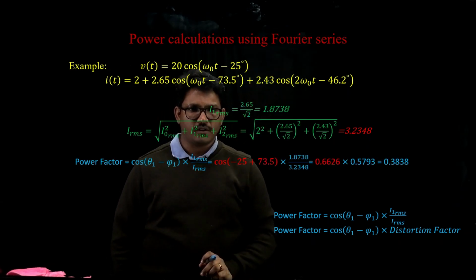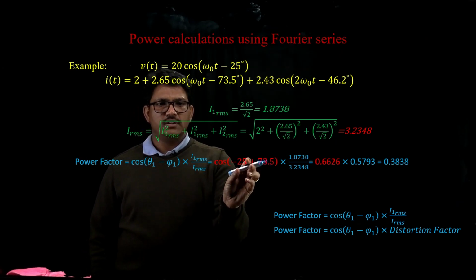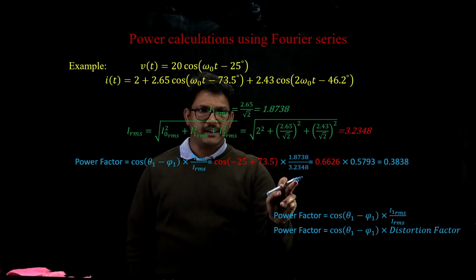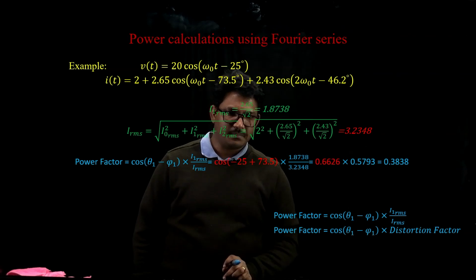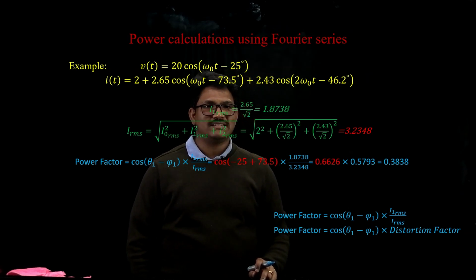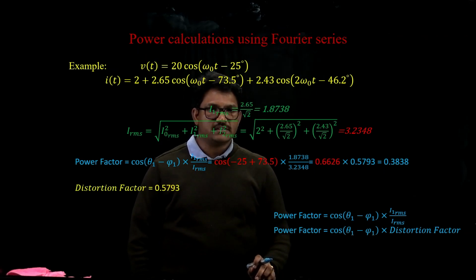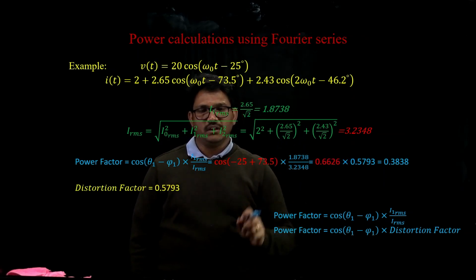If you substitute all of that, your power factor is the cos of the phase angle difference between these two multiplied by I1 RMS by IRMS, and you will be able to get the resultant power factor. If you want to know just the distortion factor, it is the ratio between the two currents, that is 0.5793 that we have in the previous expression.